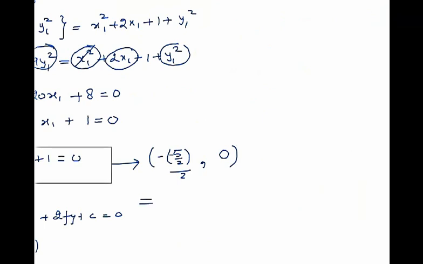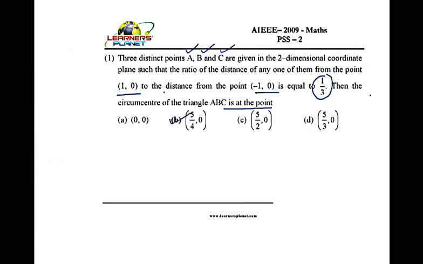So the coordinates of center are (5 by 4, 0). So this should be our answer. Let us check which is the correct option. It is the B option which is correct, because we are getting (5 by 4, 0) as the coordinates of the circumcenter for the triangle ABC.